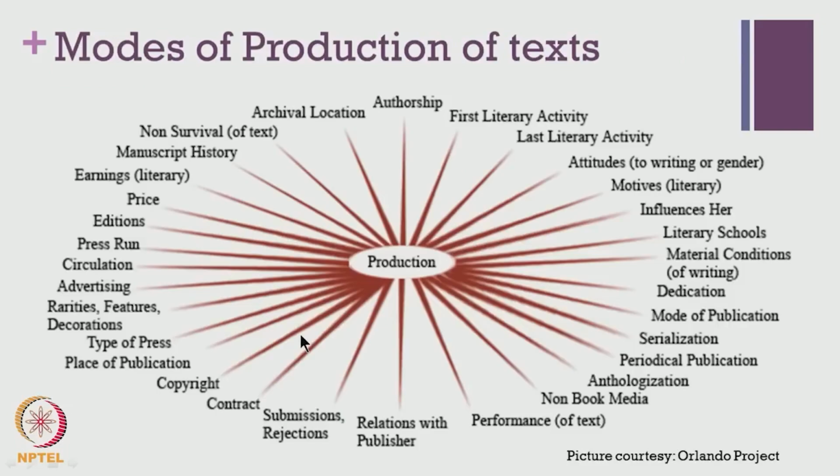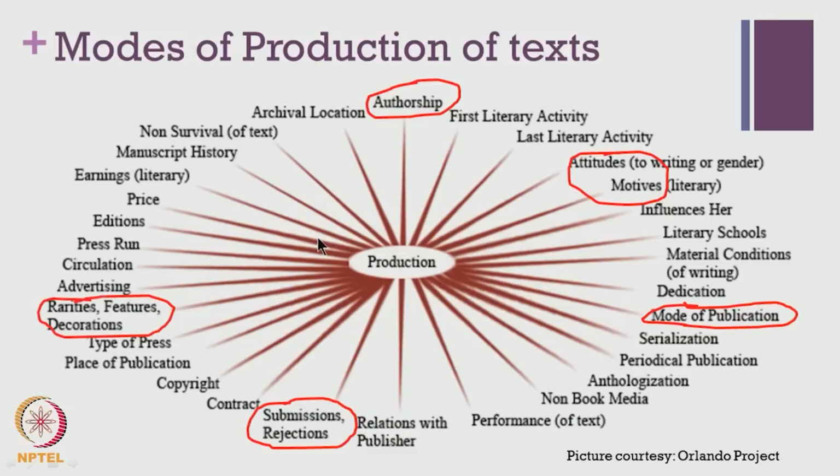And we shall also be looking at the various modes of production of text. This is very important in our understanding. It could include details of authorship, about the attitudes and motives, it could be literary and non-literary, and the mode of publication, the submissions and rejections that a particular text or an author or an idea incurred during its lifetime, the rarities, features, decorations involved, that's part of production, and the manuscript history, especially with regard to the earlier texts from the Old English and early Middle English period.